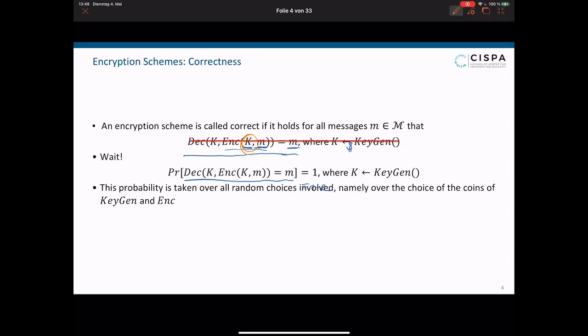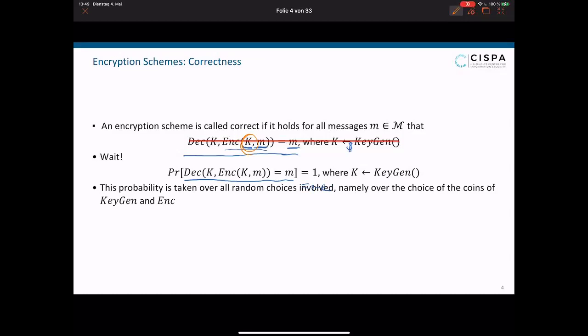One point here is that, in general, this probability is taken over all the random choices involved, namely over the choice of the coins of KeyGen, Enc, and if Dec is a randomized algorithm, which rarely happens, we would also say over the random coins of Dec.